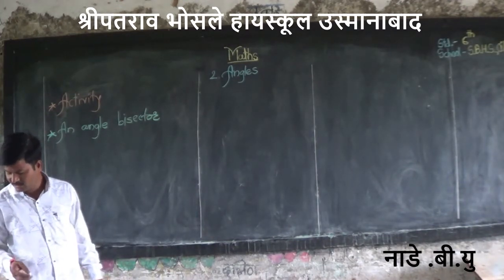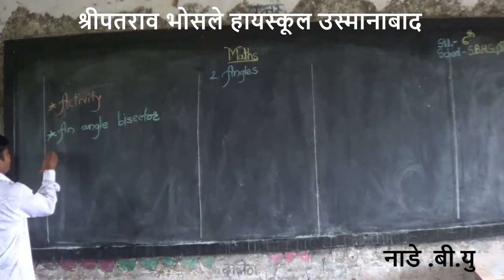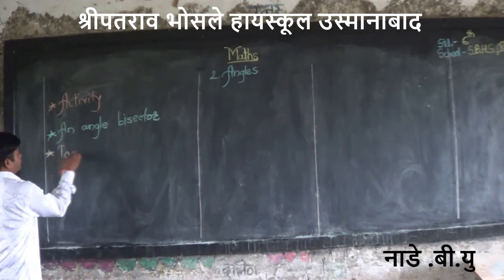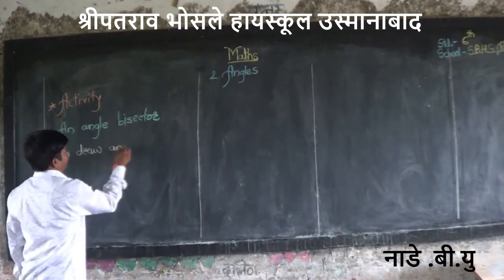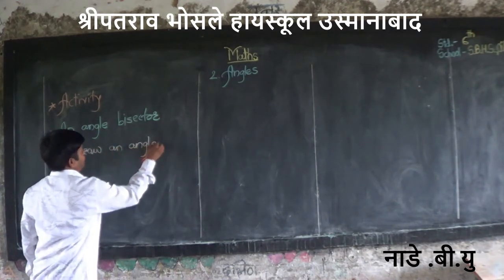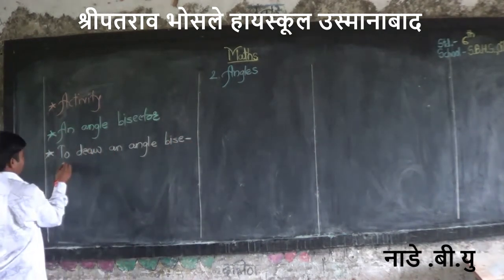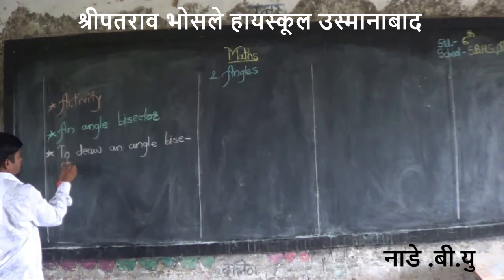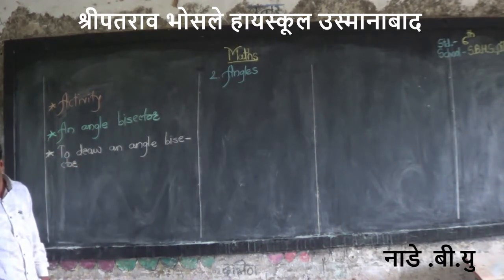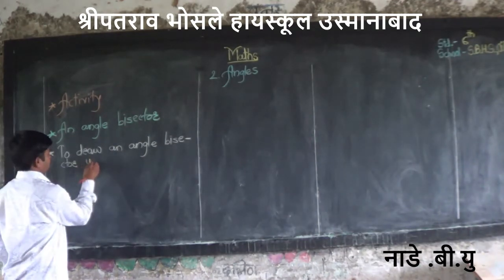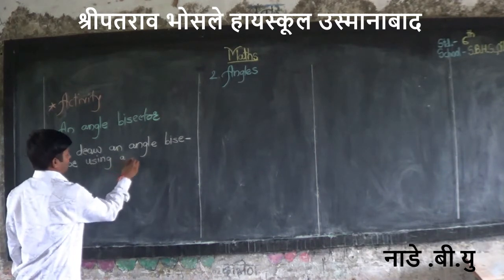The point is to draw an angle bisector using a compass.